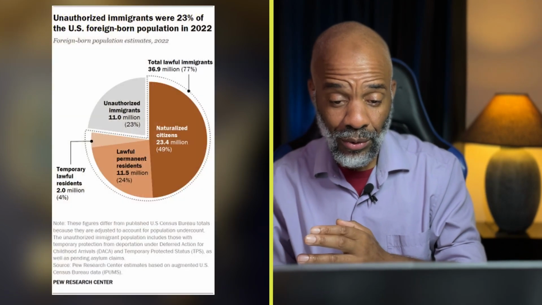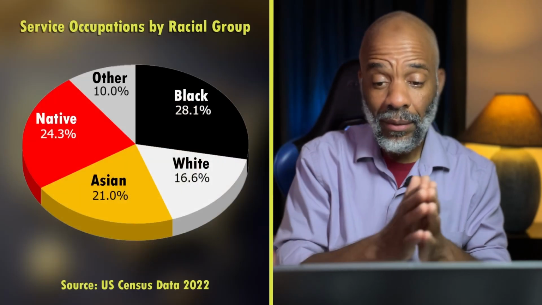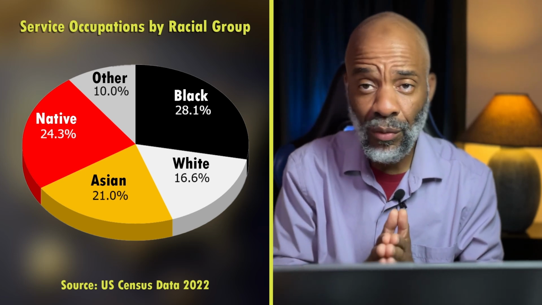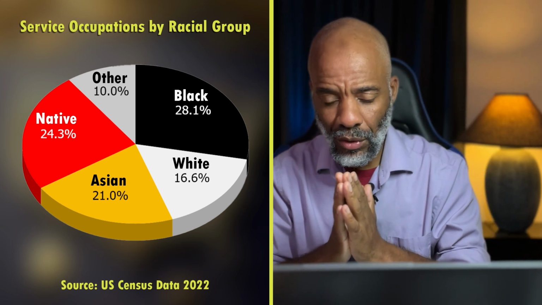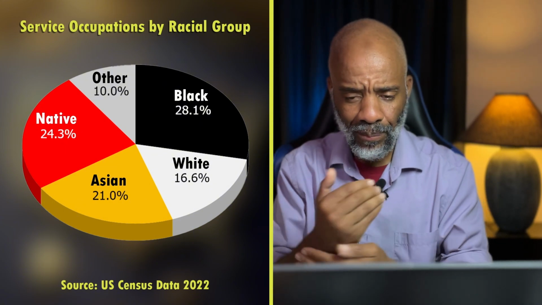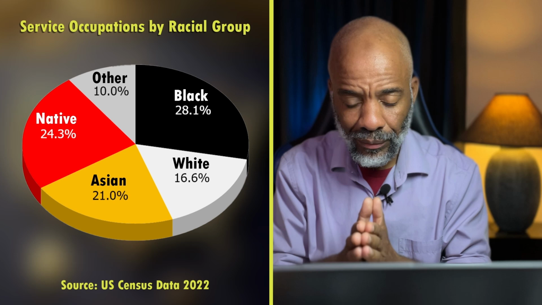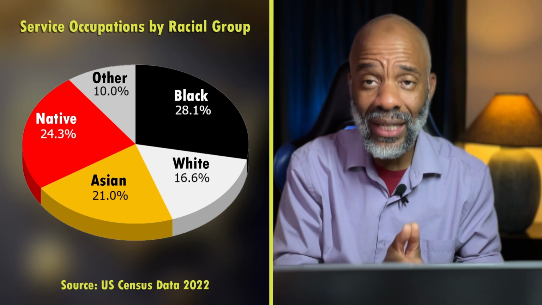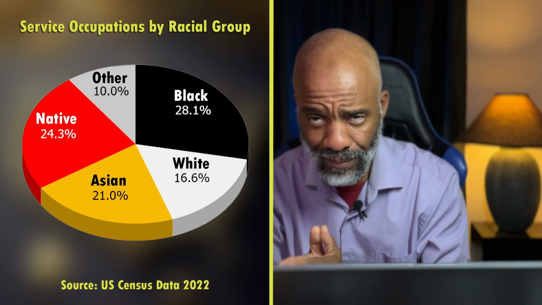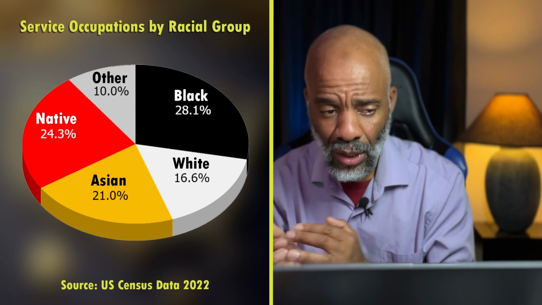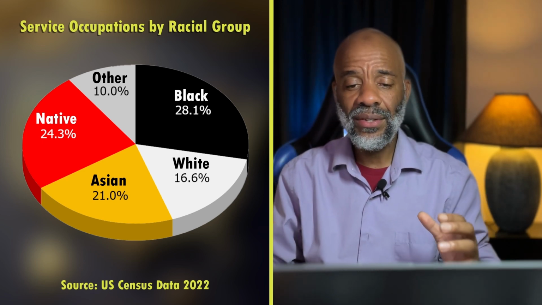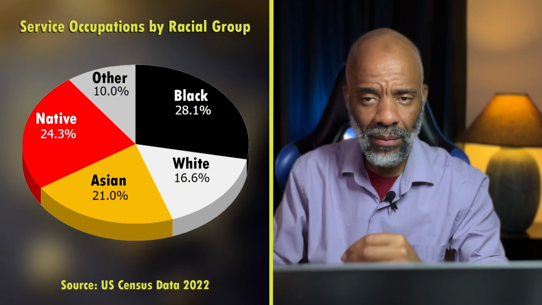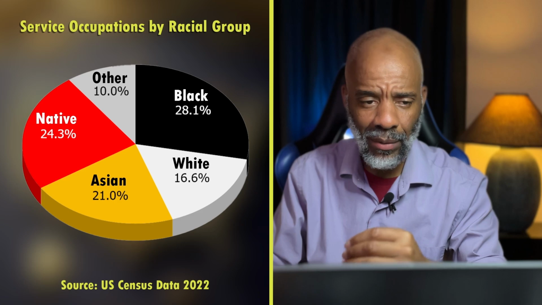And then I showed you that blacks in America are, by far, as you can see there, especially when compared to white, almost double, black Americans are in these occupations. 1 in 3. So there is something to what I'm saying, right? Black Americans are affected by immigration.